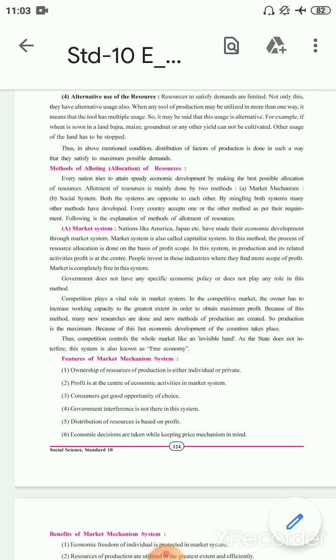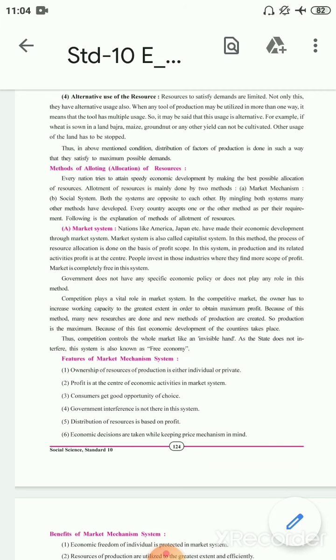Market system. Countries like America and Japan have made their economic development through only the market system. This market system is also called the capitalist system. In this method, please underline, the process of resource allocation is done on the basis of profit scope.